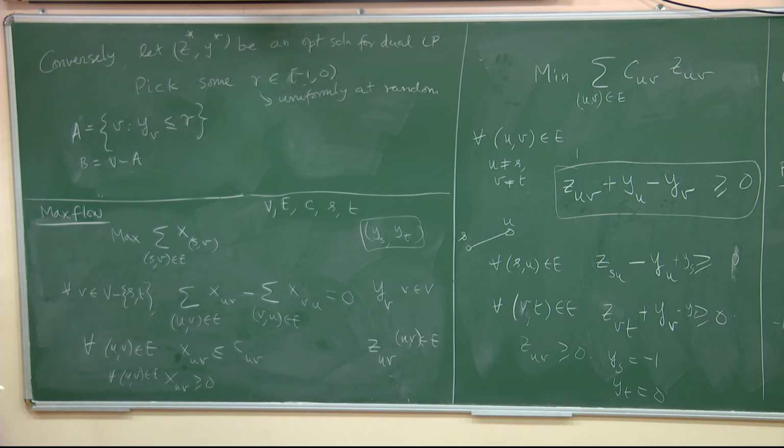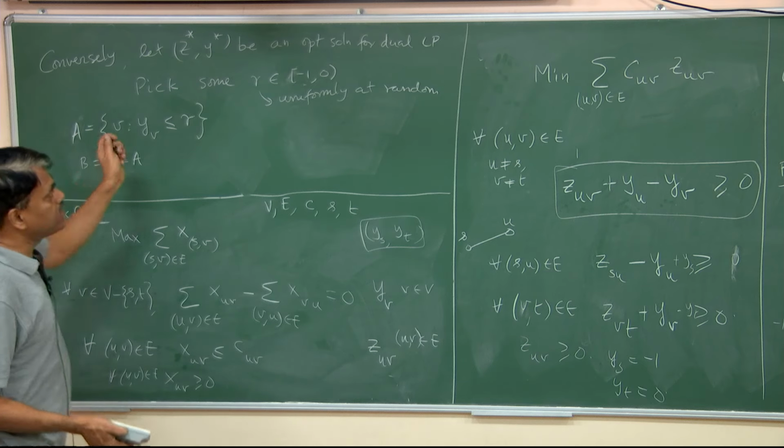And I'm going to argue that this is actually a cut, an ST cut. The fact that it's an ST cut is clear, right? So in particular, S would be here.